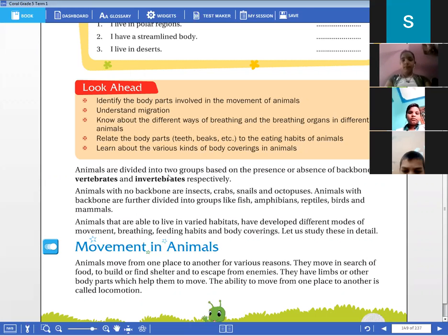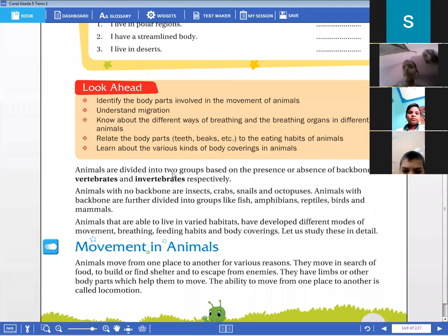One is divided into two groups. In our early classes we may know that herbivores, carnivores, omnivores are the animals, but you didn't go through the terminology vertebrates and invertebrates.